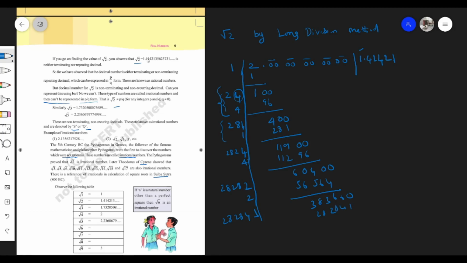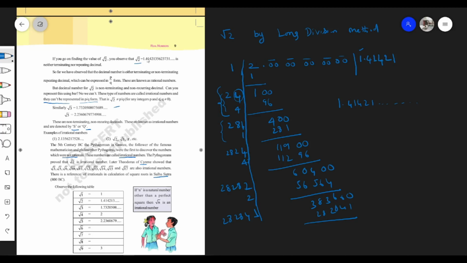So likewise we carry on this process. As long as we proceed, we never get 0 as the remainder, so it never stops. And moreover, the interesting thing is there is no specific pattern and the digits come randomly like this.